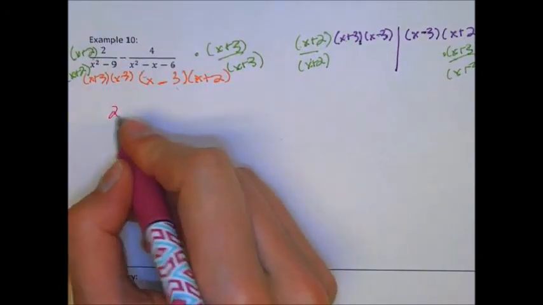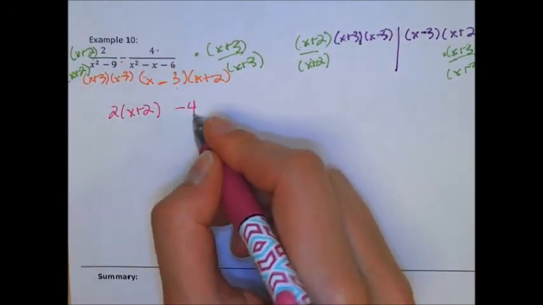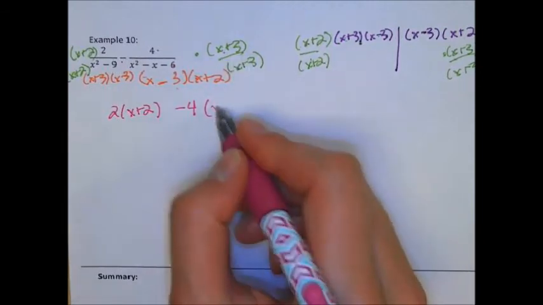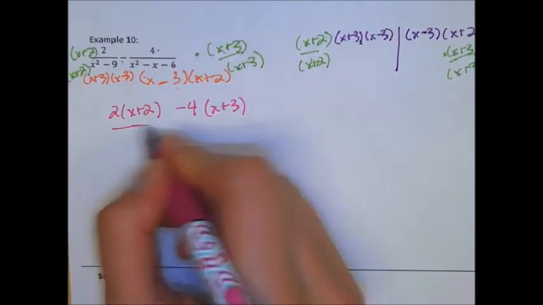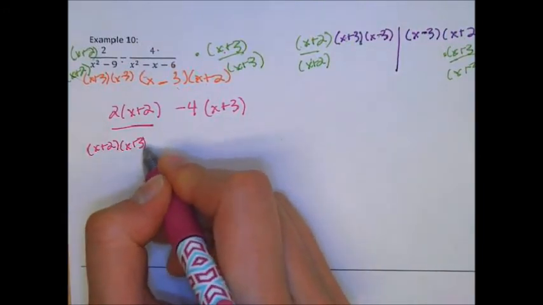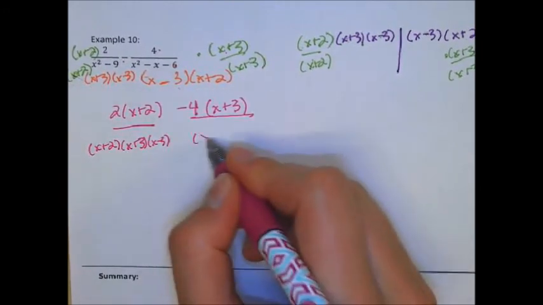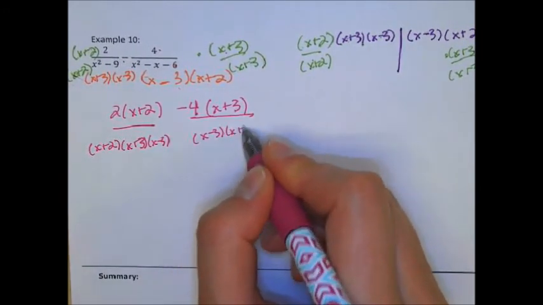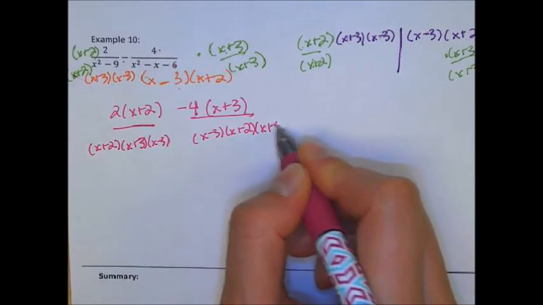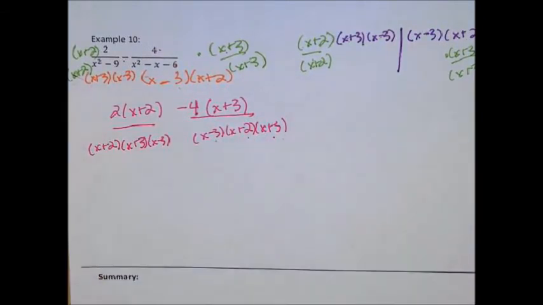So here I'm going to have 2 times x plus 2 minus 4 times x plus 3. In this denominator, x plus 2, x plus 3, x minus 3. This denominator, x minus 3, x plus 2, x plus 3. Notice now my denominators are the same. I have an x plus 3, x plus 2, and x minus 3.